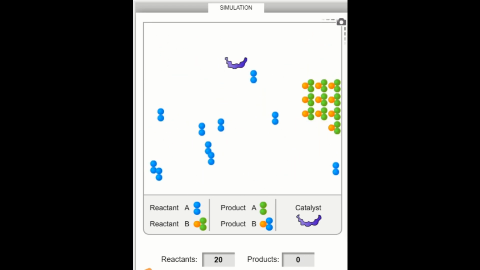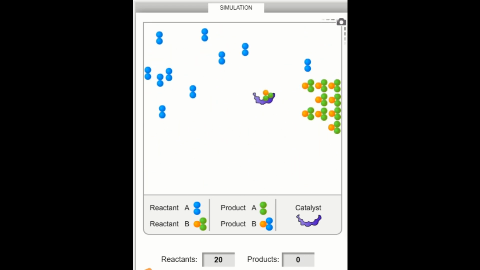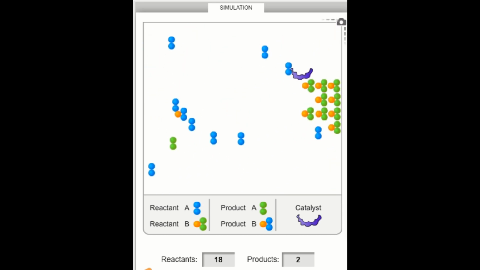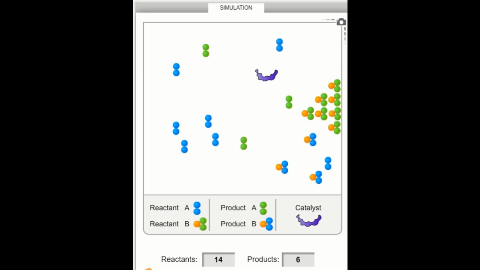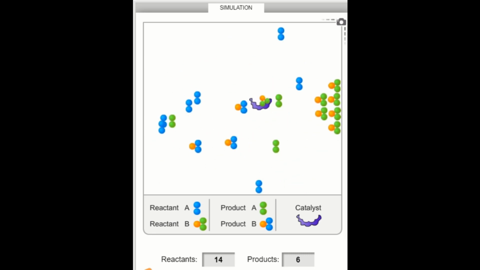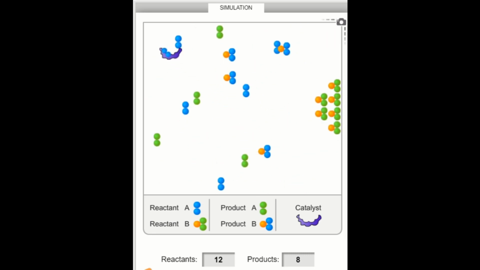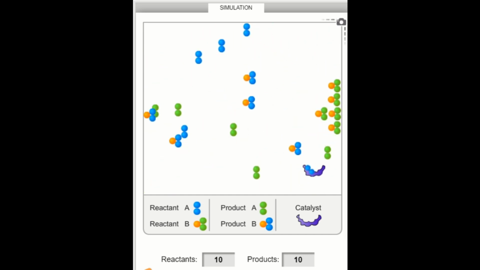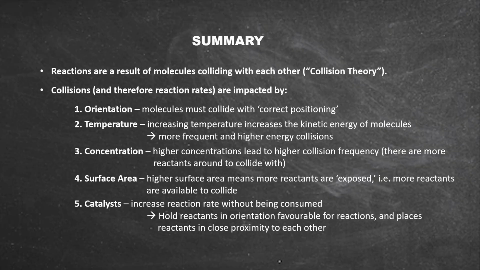They're ready to react right away. So it's holding them in specific orientation, and it's holding reactants in close proximity. Notice again, the purple thing doesn't change, it isn't altered in any way. It's really just this vehicle for changing the rate of reaction, for speeding it up.